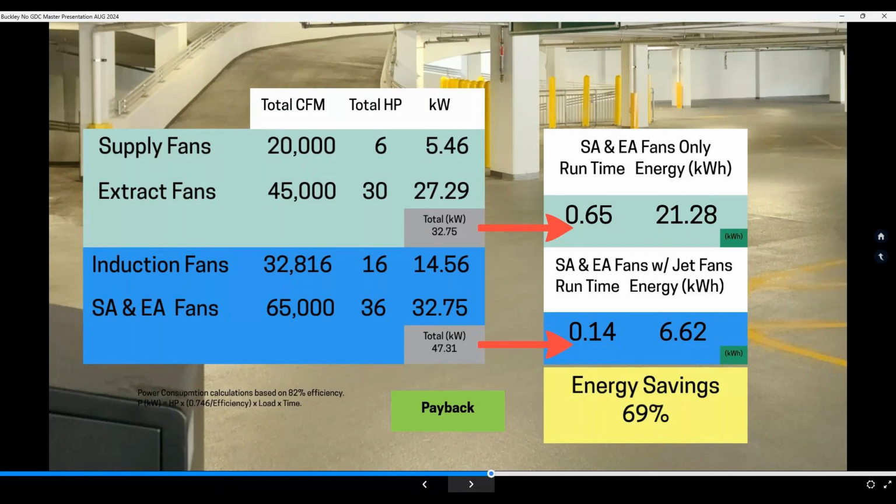But the runtime to reduce the carbon monoxide and cleanse that garage is considerably reduced: 0.14 hour, or 6.62 kilowatt hours. Now, this is a nearly 70% reduction of energy. So it's not only effective in controlling the carbon monoxide, it's energy efficient.